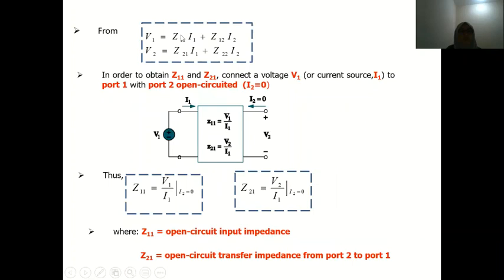From this general formula, V1 is equal to Z11 I1 plus Z12 I2, and V2 is equivalent to Z21 I1 plus Z22 I2.